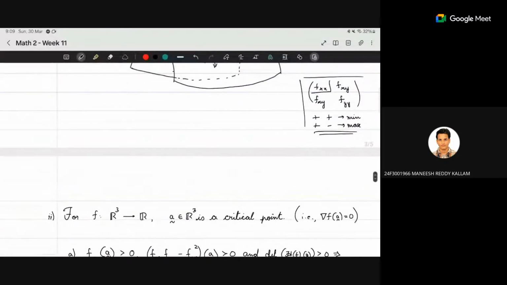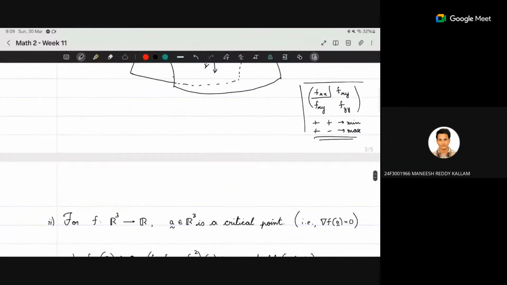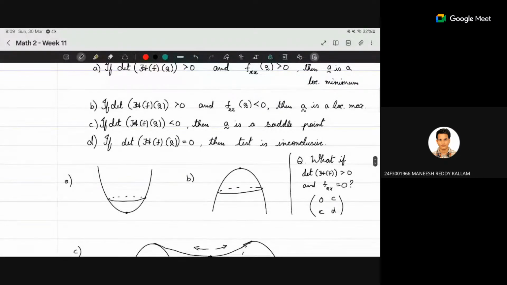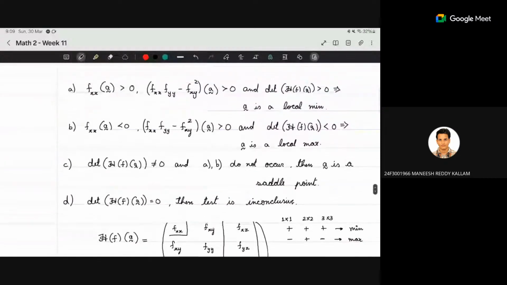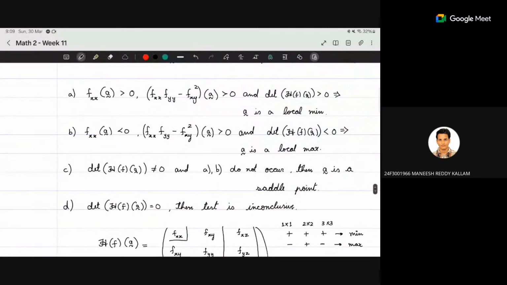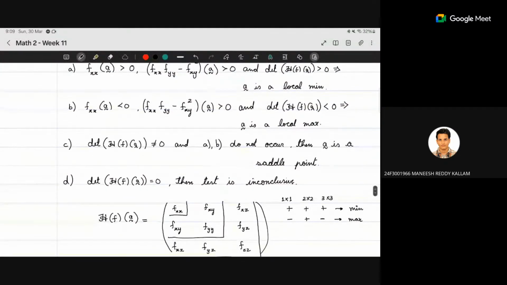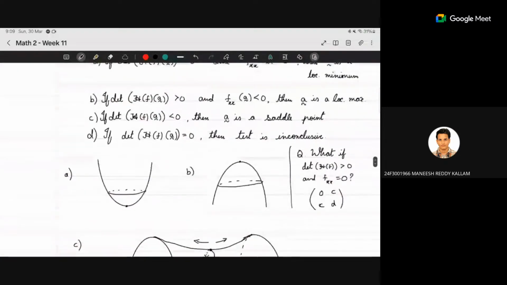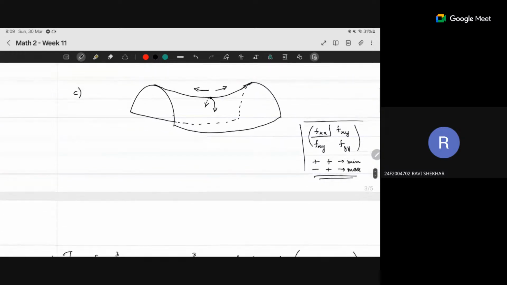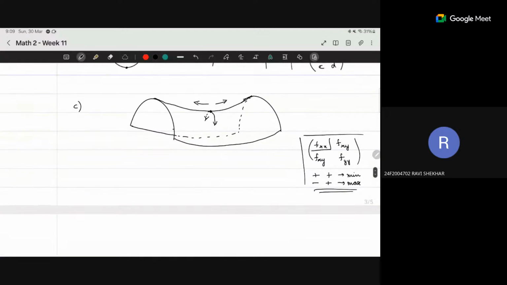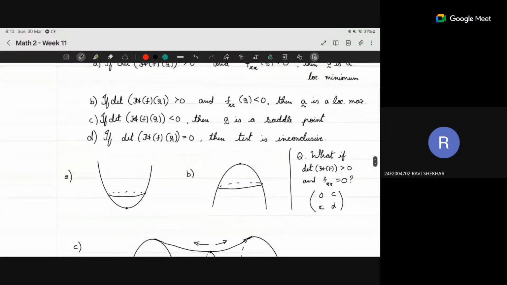In this case, you have the determinant positive, but in the 3 cross 3 case, you have cases where the determinant is negative also. Sir, you have written for 2 cross 2 plus minus, right? It should be minus plus, right? Yes, sir. Sorry, yeah. 1 cross 1 should be negative and the determinant should be positive.